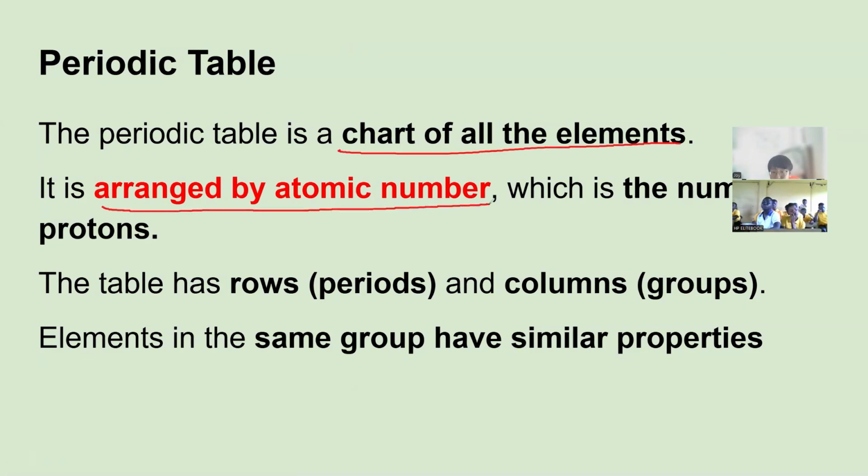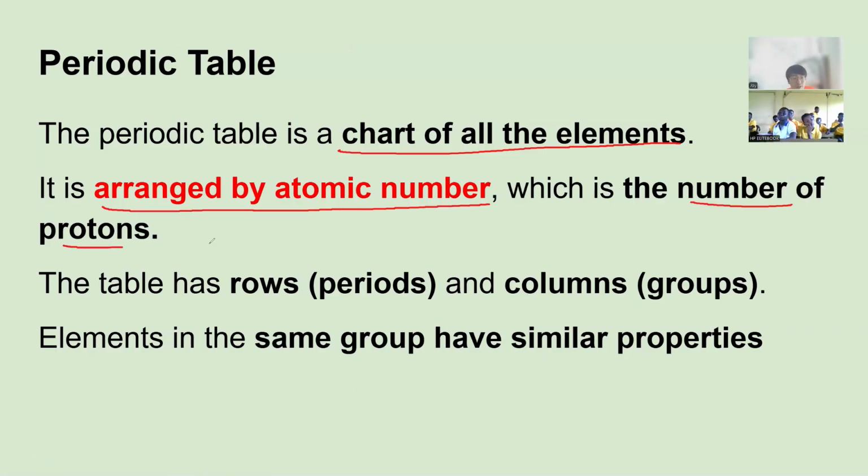Remember, it's arranged by atomic number, just the number of protons. And the table has rows, which are called periods, and columns, which are called groups. And elements in the same group have similar properties.